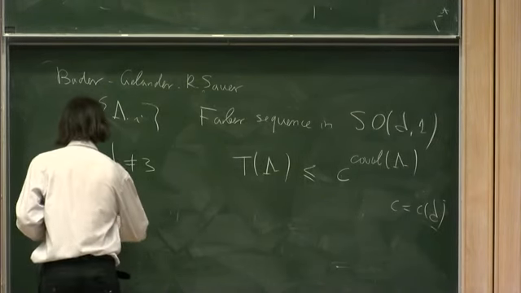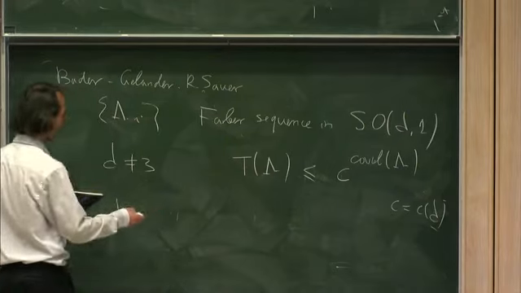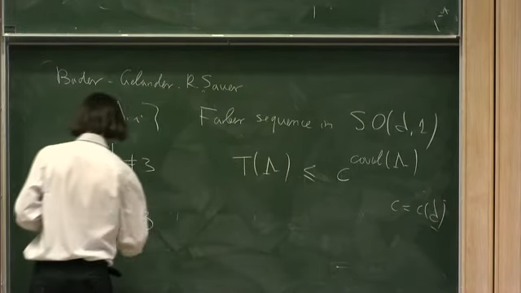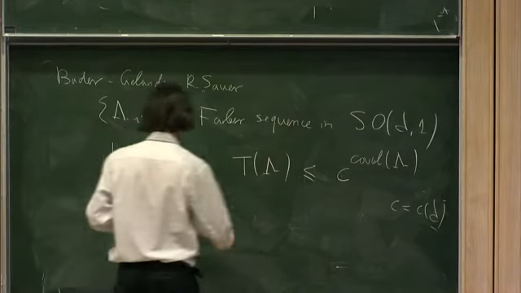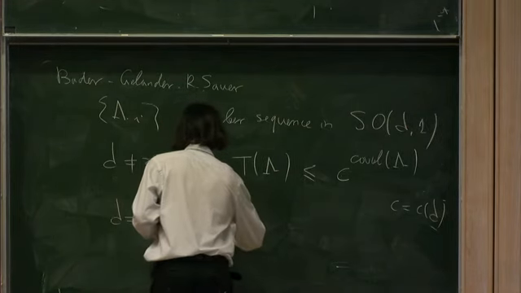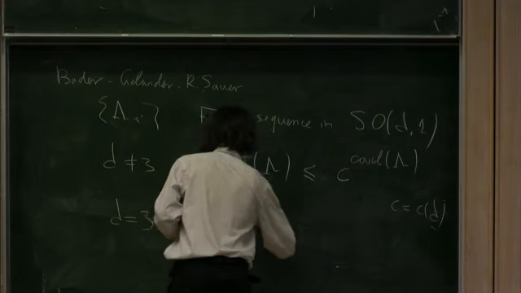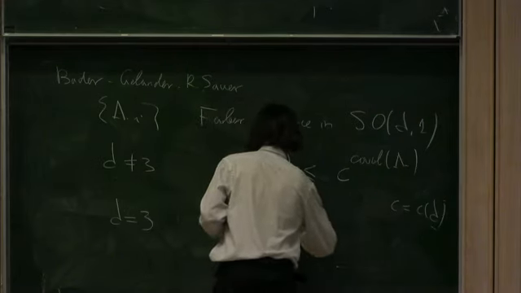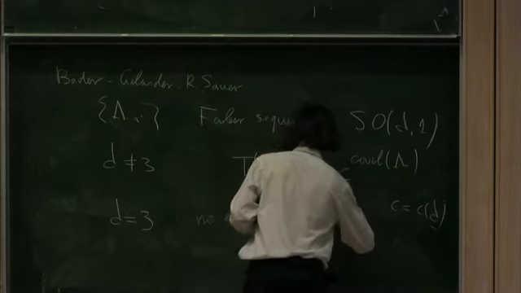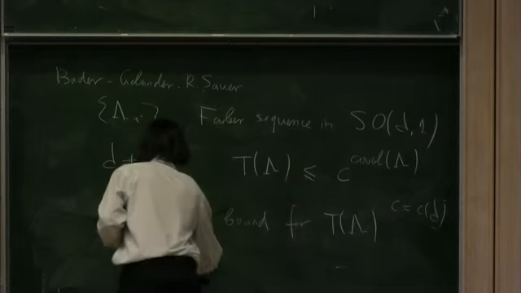But the strange thing is that you would expect that this should always be the case, but it's not. In the case D equals 3, this is not true. There's no bound for the torsion in terms of the co-volume.